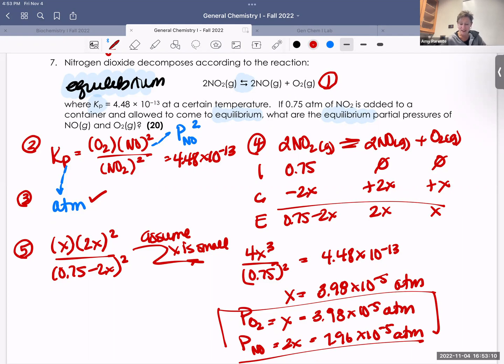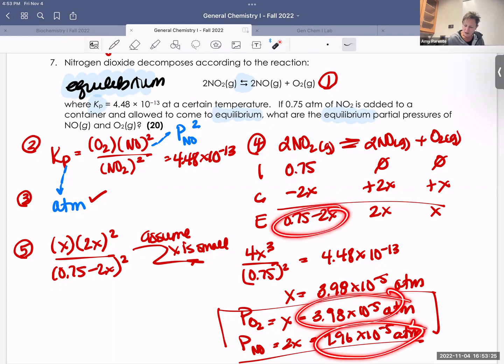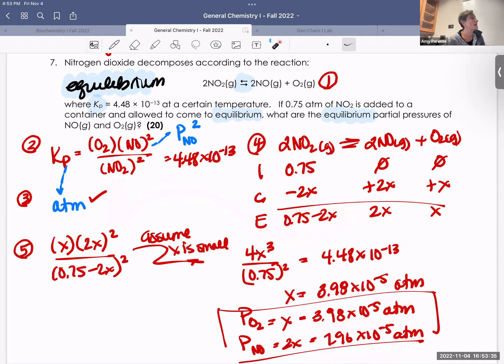Now, one of the things that's kind of cool is, this problem didn't ask you to solve for the concentration or the partial pressure of NO2, but if you solved for this guy, you'd essentially have 3 numbers that you could put back into here, and you should get back close to this number. So that's a way that you can check your answer on an equilibrium problem.